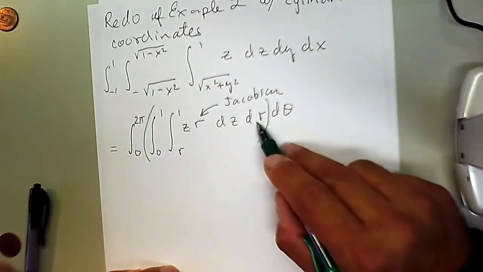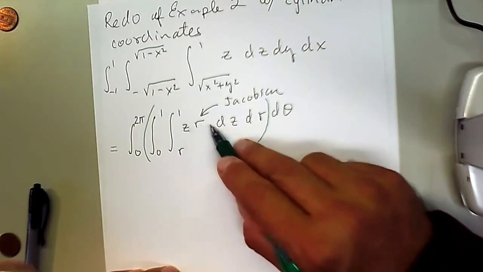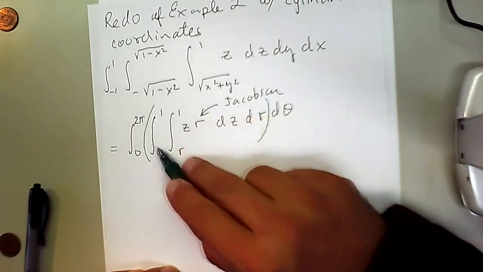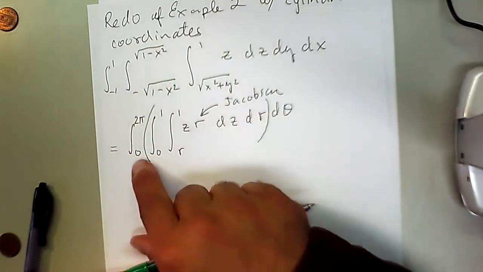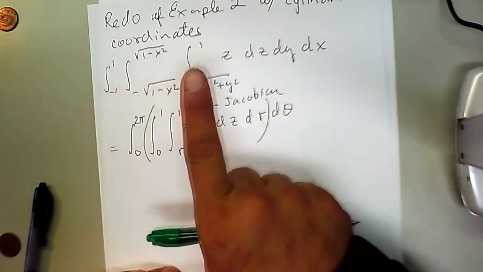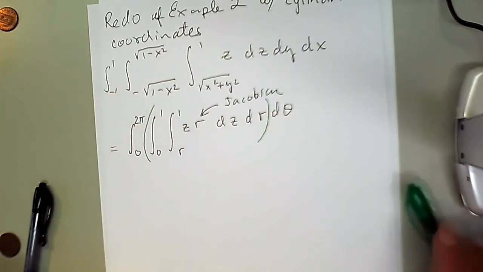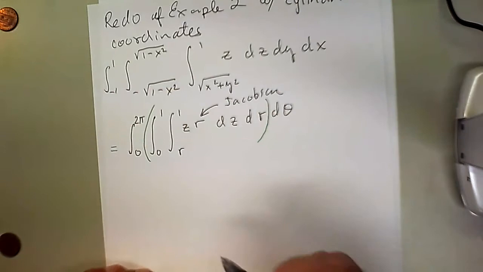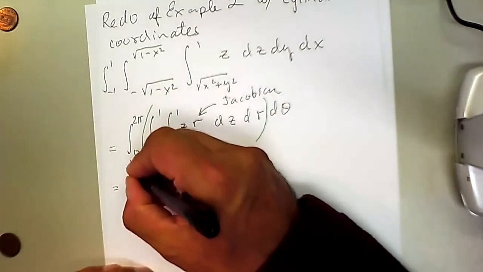And the answer is no. There's no theta, no theta, no theta. That's a 0. There's z and r, no theta. So all of that is a constant relative to theta. So we can just factor it out. We're really integrating the number 1 from 0 to 2 pi with respect to theta. So that's going to give us just 2 pi. That comes from this integral.